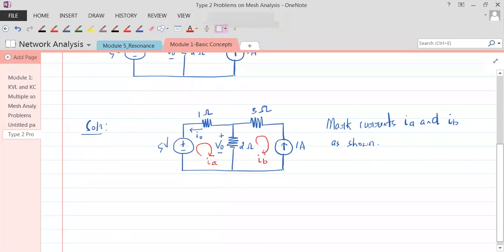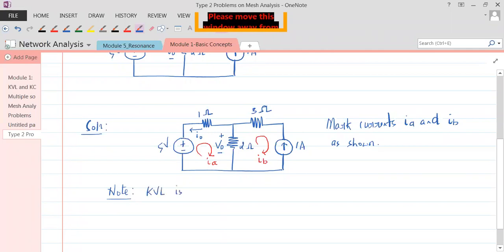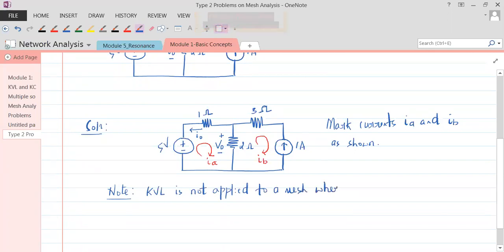Now everybody very carefully understand this note that I'm going to give you now. KVL is not applied to a mesh where mesh current is known.